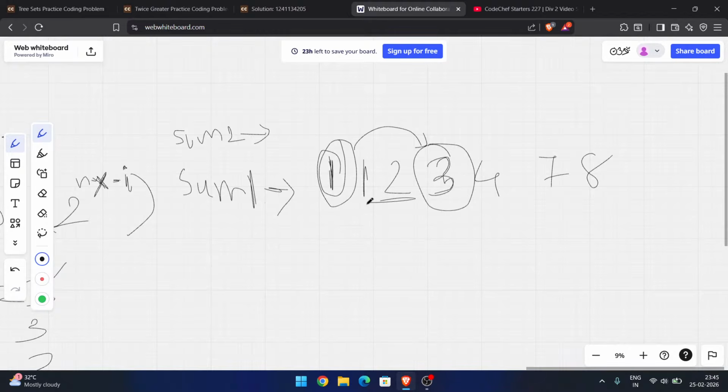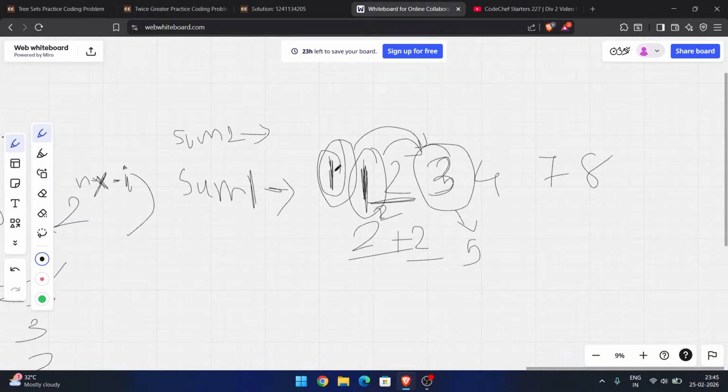The choice in between doesn't matter, so it's 2 to the power 2. The second would be this also. We are fixing this, that we are choosing this. Now we can either take it or not take it, so it's 2. So this would be our answer. Here it would be 5.